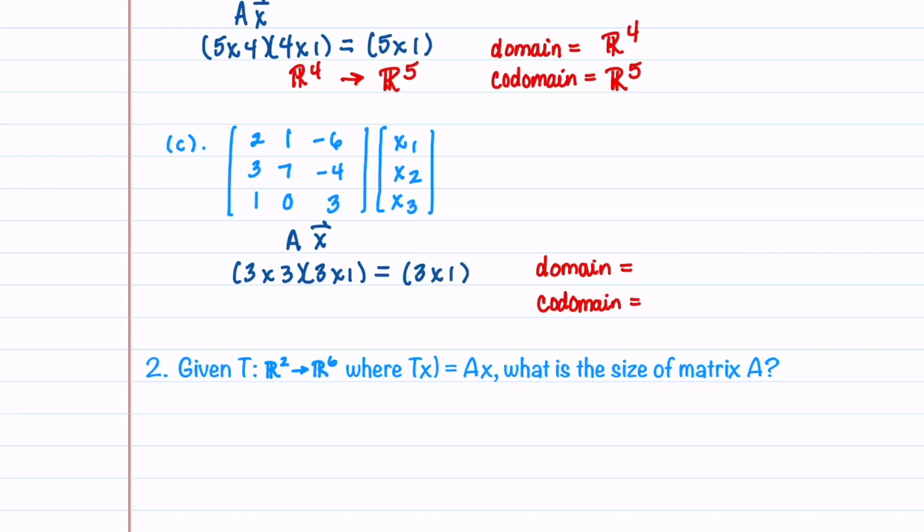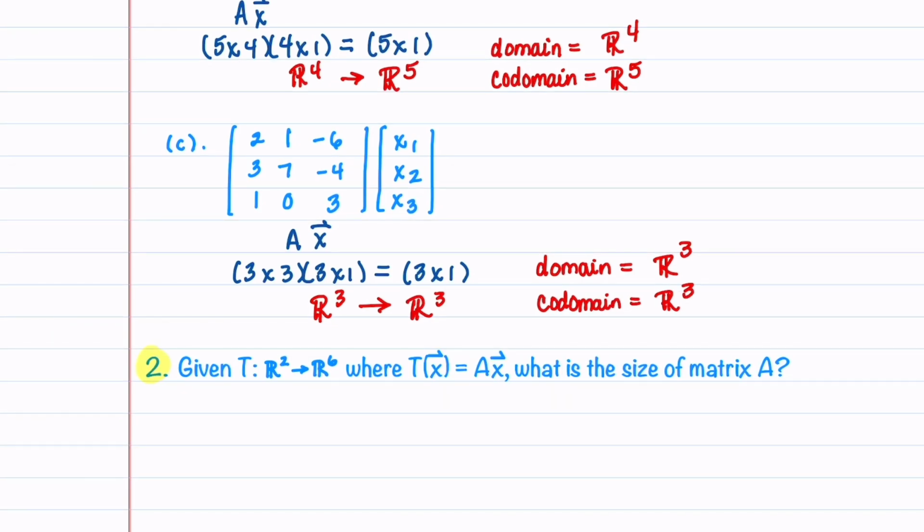So our vector x is in R3, and it maps to T of x, which is also in R3. Notice that the matrix is a square matrix, which is why the size stays the same. Our domain is R3, and then our codomain is also R3.